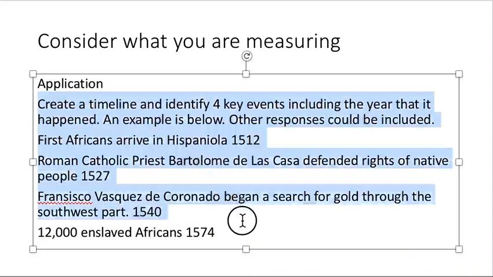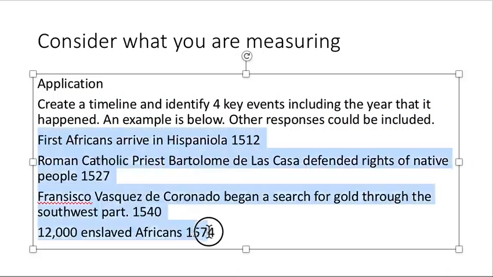The second thing here is that when we look at what's going on here, creating the timeline and identifying 4 key events, including the year that it happened. An example is below, right? So one, this seems to be an application task, not about the content, but about creating a timeline.